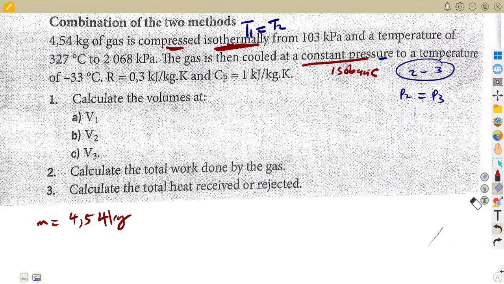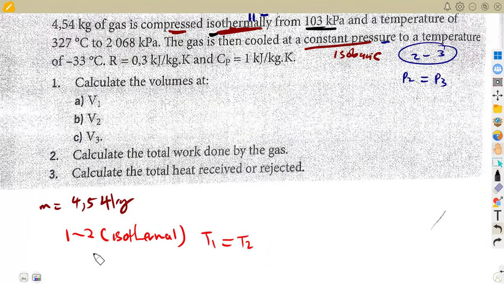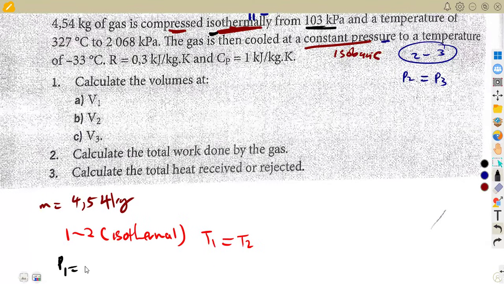The stage 1 to 2 is the isothermal process, where T1 is equal to T2. This is the first stage that you're given, where they are saying it is compressed isothermally from an initial pressure P1 of 103 kilopascal and a temperature of 327.